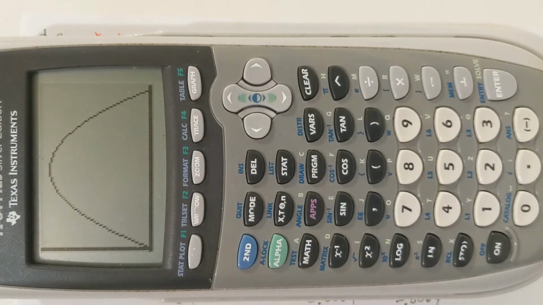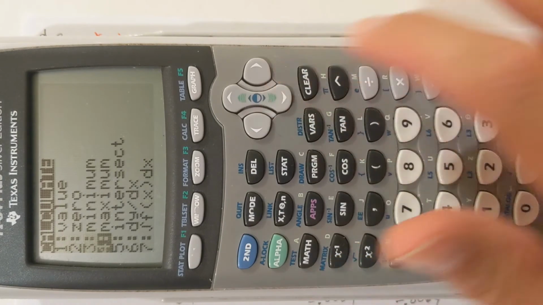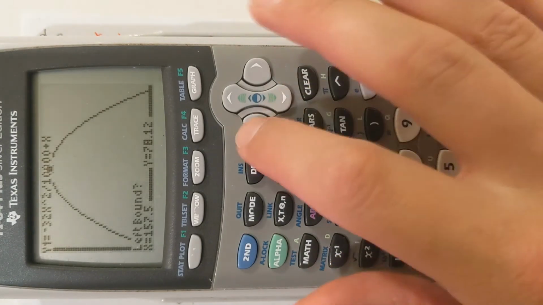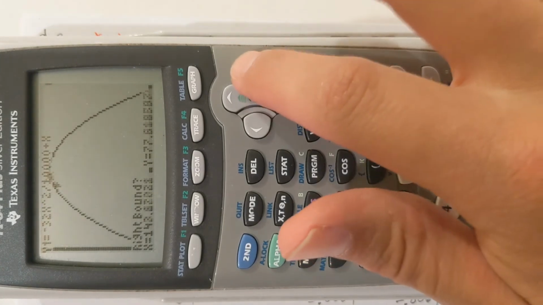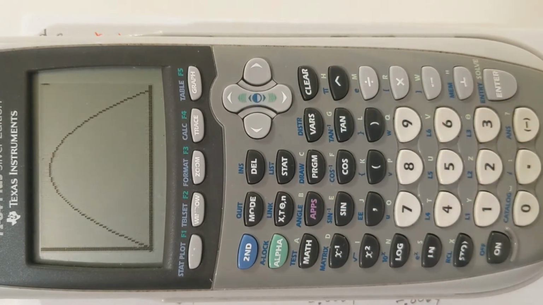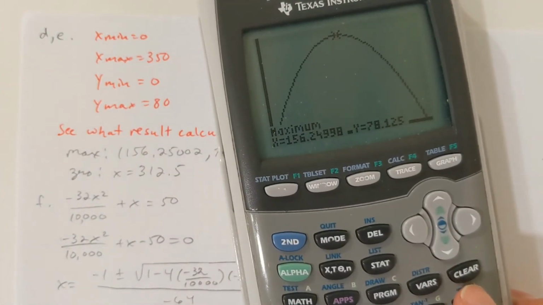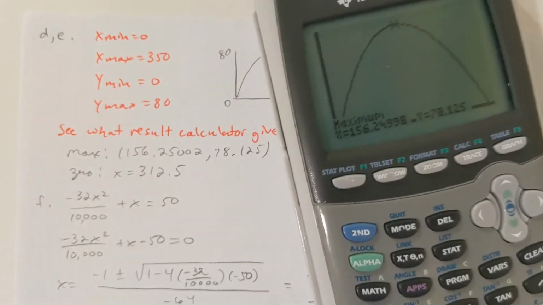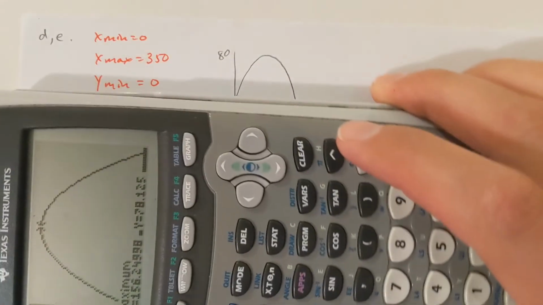So graph. There's our picture, and second trace, maximum. Okay, so there's 156.25, 78.125. Okay, the 0.